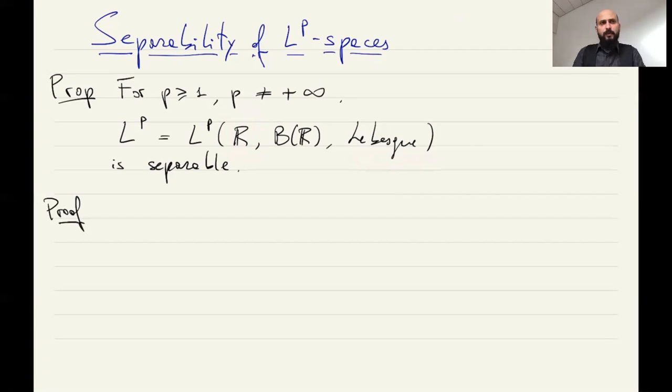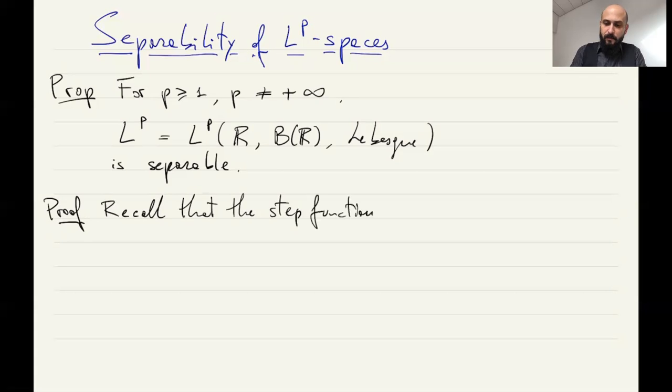First, to understand the proof, recall that the step functions, in the sense of sums of characteristic functions of sets with finite measure, where in the sum we take arbitrary real numbers, form a class of functions that is dense in Lp.